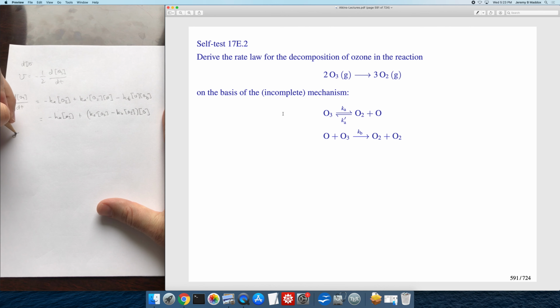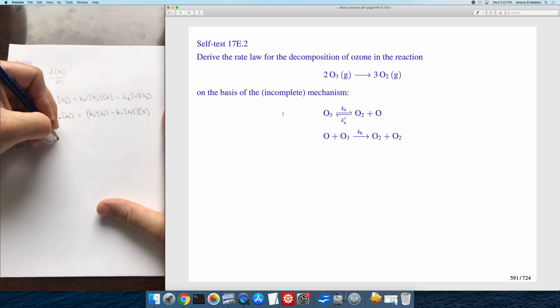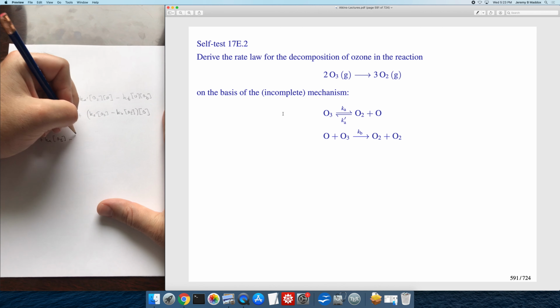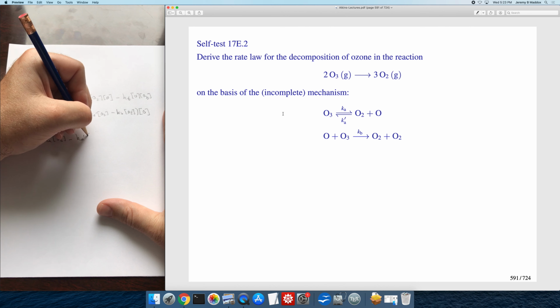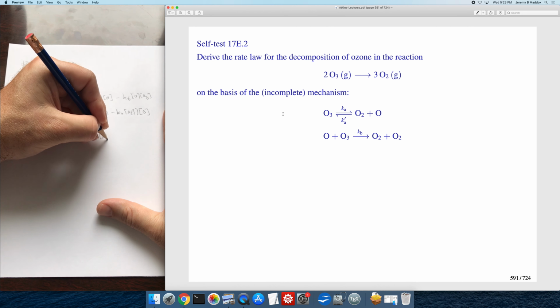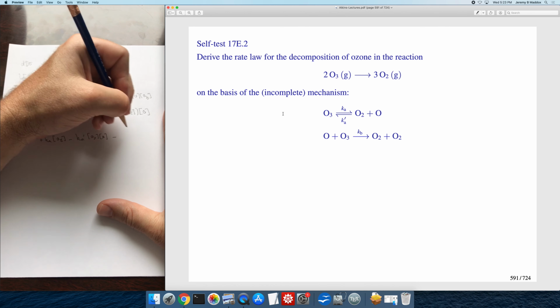So starting with the time derivative for the intermediate, we see that the first step produces the intermediate. The reverse step consumes it. And then the last step consumes it.